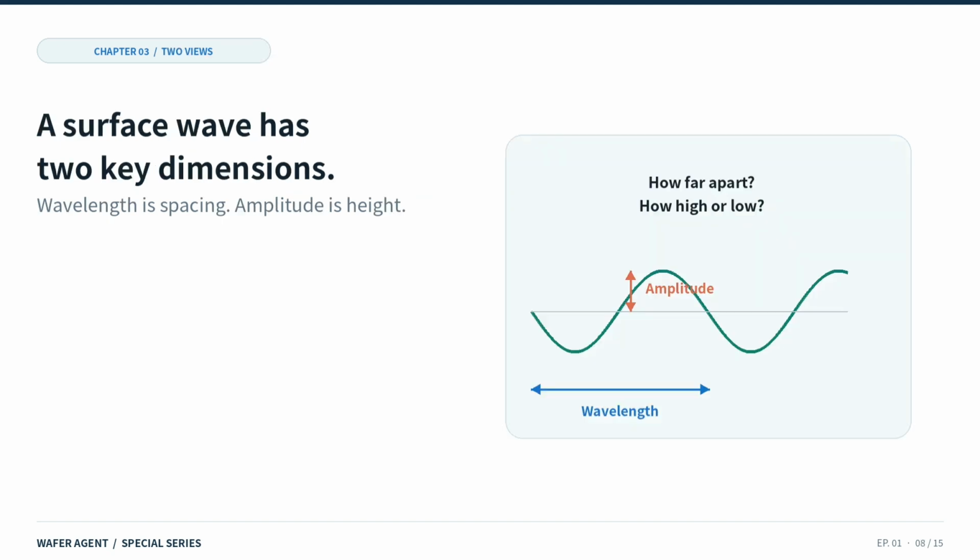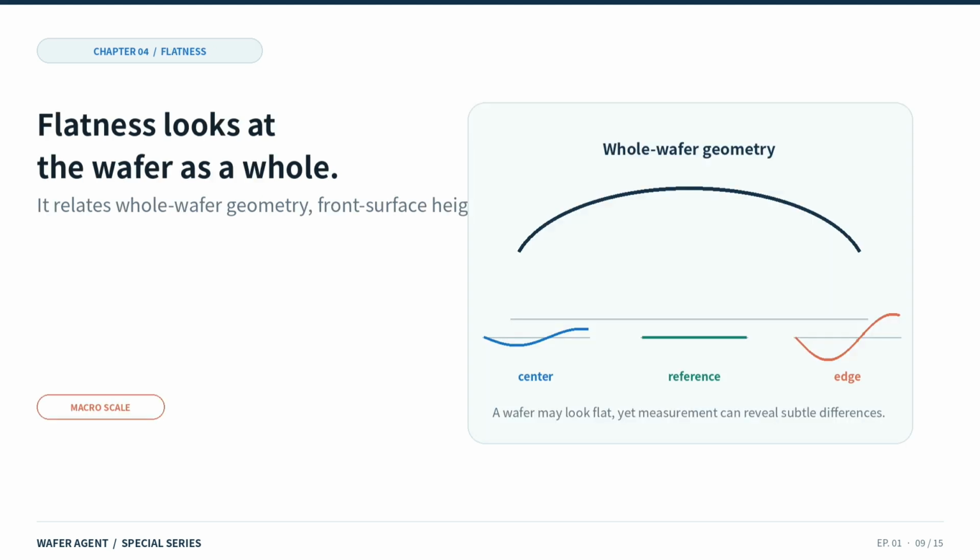A surface wave has 2 key dimensions. Wavelength tells us how far apart the variations occur. Amplitude tells us how high or low they are. Roughness and nanotopography both describe height variation, but they use different observation scales. Looking at fine texture is not the same as evaluating a broad, gentle wave.